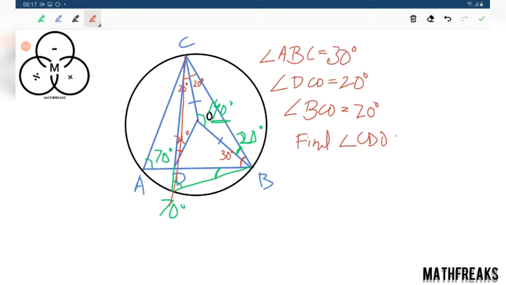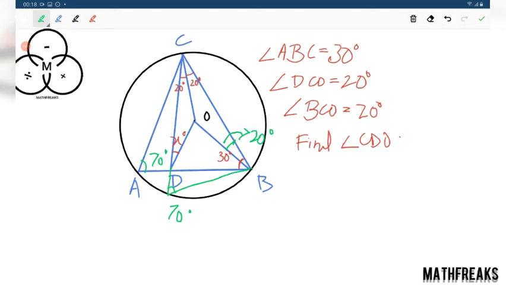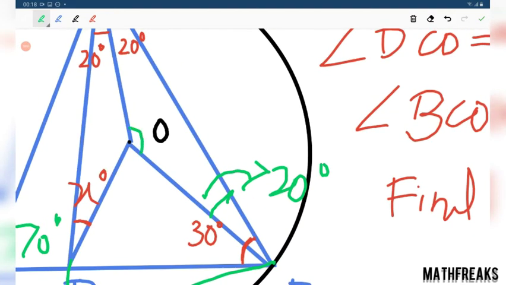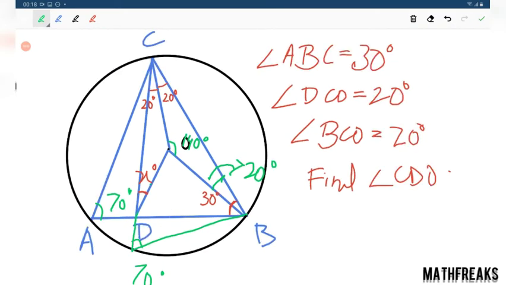Because this and these are equal, definitely from the same chord. So if I extend this chord and join this, I will get this 70 degrees. And we have already seen that this is 70 degrees. Why? Because this angle is 20 degrees, then this is 20 degrees. What about the center angle? 180 minus 20 minus 20, 140 degrees. So this is 140, that's why this is 70, and this is also 70.